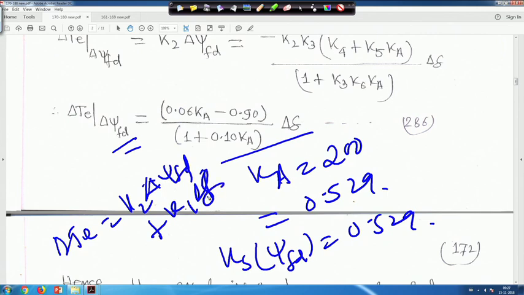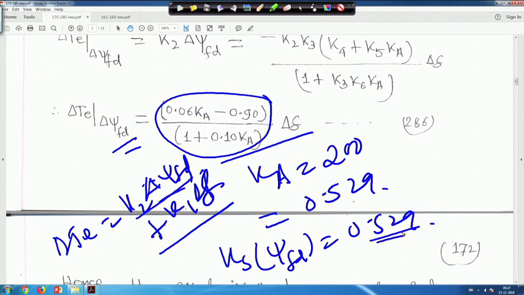This is figure 30, from which you know that. Now, K2 delta psi fd is basically a function of delta delta. So, if we put K equal to 200, we get 0.529, so this term becomes 0.529 delta delta. And another term is there, K1 delta delta.